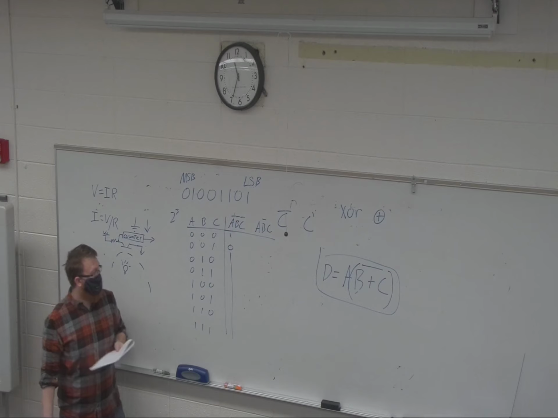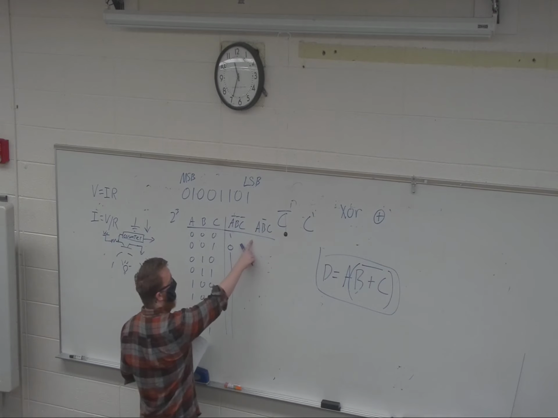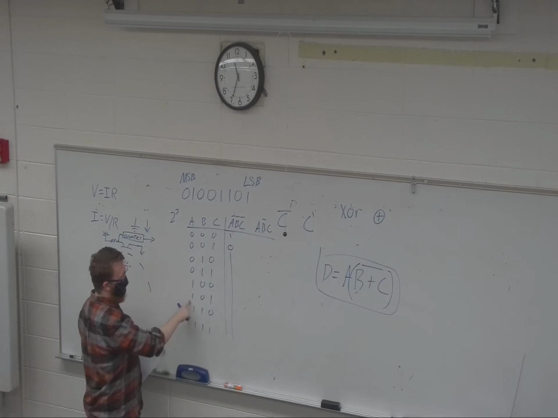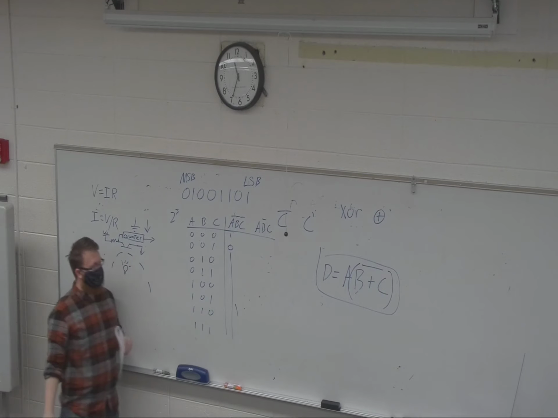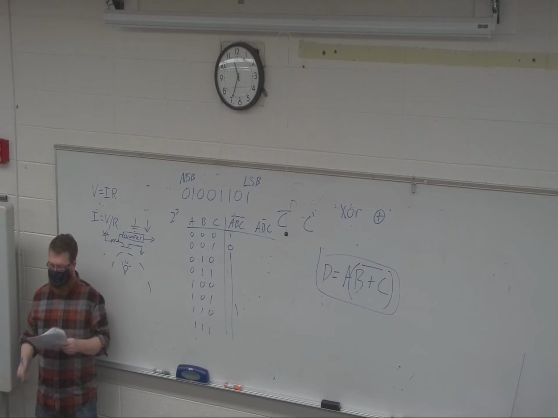A and C. Yeah, so when we have A and C, but not B. Boom. Right? Nice and easy.